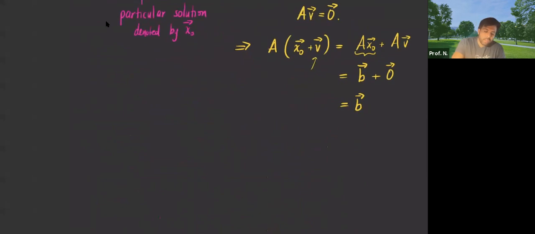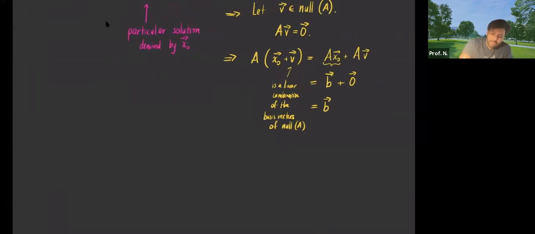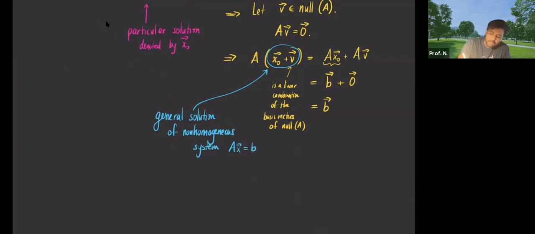So V is a linear combination of the basis vectors of the null space of A. So x naught plus V, this thing here, is called the general solution of the non-homogeneous system AX equals B.